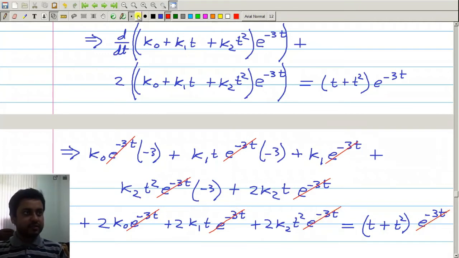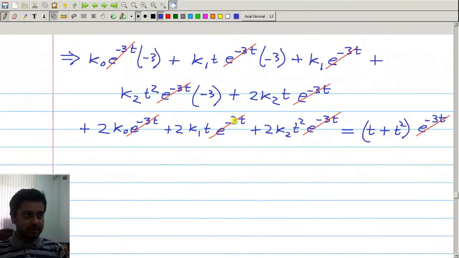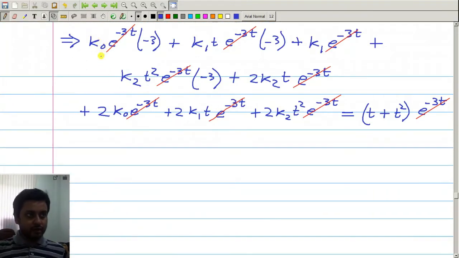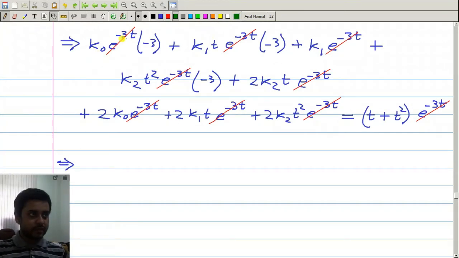And then let me group the similar terms on the left side, and we shall get minus 3k0, then plus k1, then two k0.